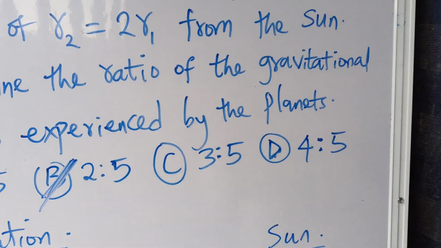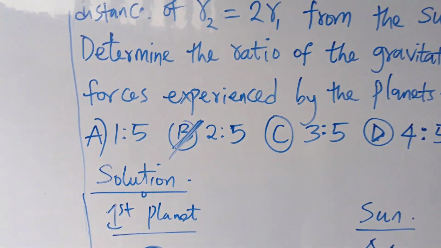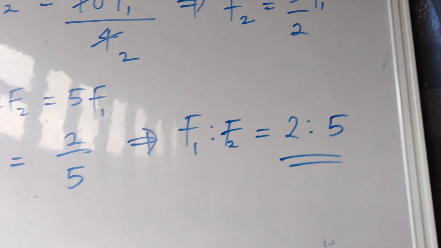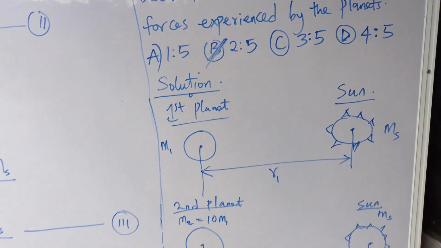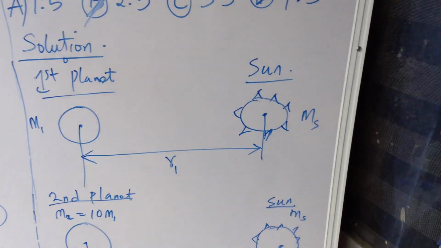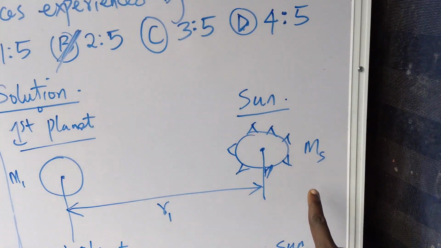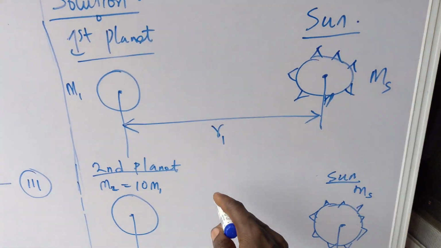We have to determine the ratio of the gravitational forces experienced by the planets. That is ratio 2 is to 5, and we solved that. We got f1 ratio f2 as 2 is to 5. Briefly, I'll explain this. This is the first planet, and the mass is m1. The mass of the sun is ms, and the distance between the first planet and the sun is r1.